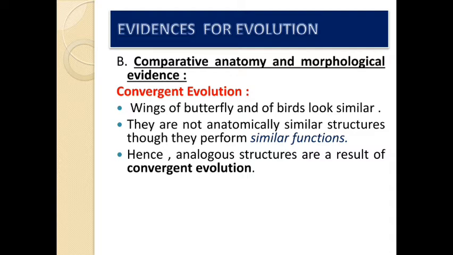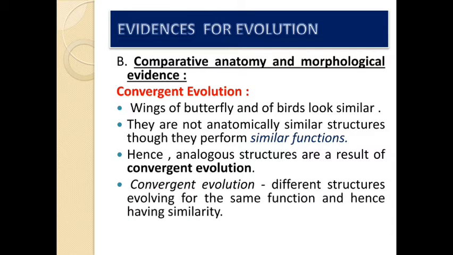So what are analogous organs or analogous structures? Analogous organs means organs that are not anatomically similar but perform similar functions. They are known as analogous organs, and these analogous organs are the result of convergent evolution.